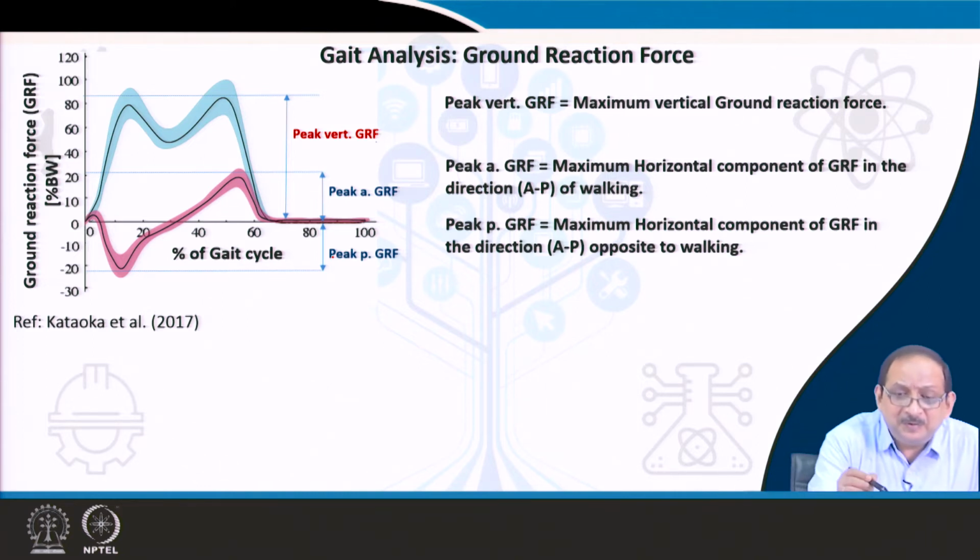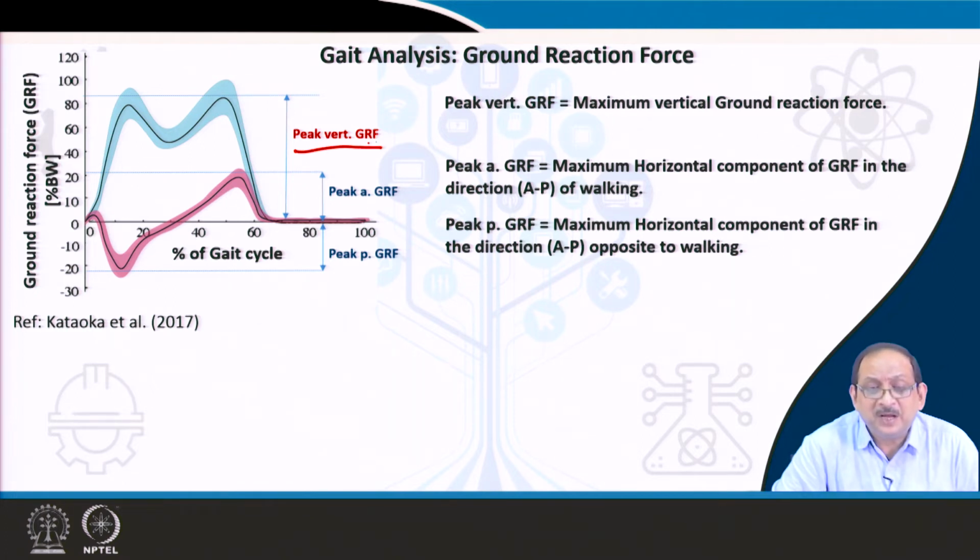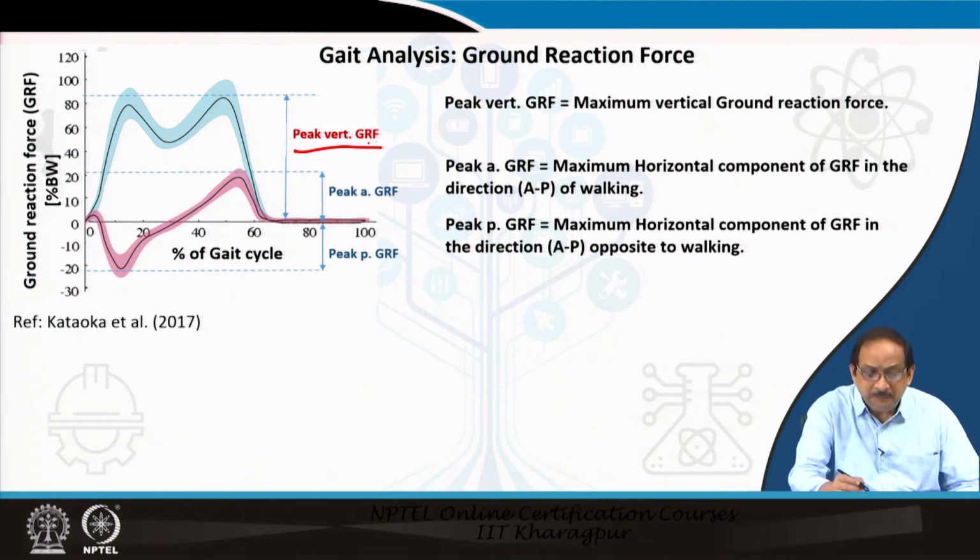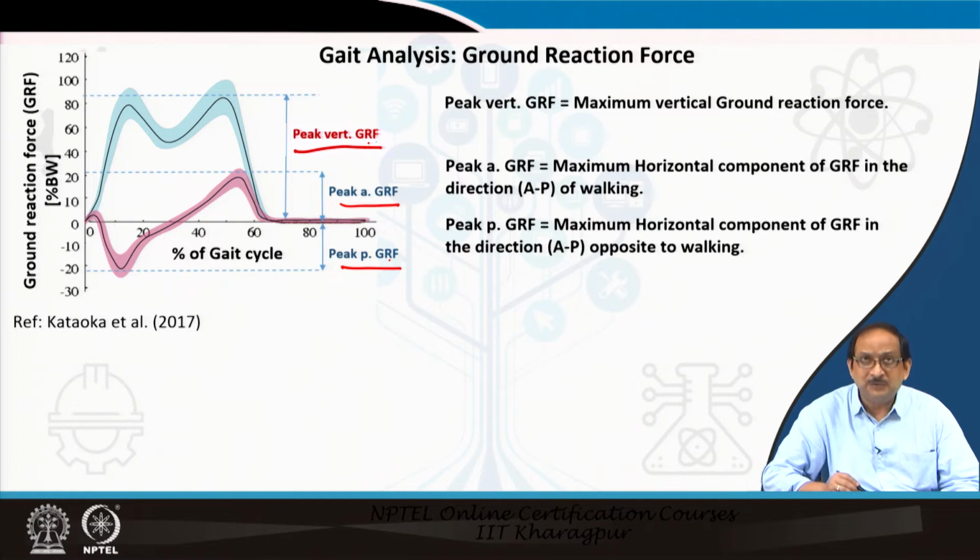In this graph, the peak magnitude of the vertical component of the ground reaction force is indicated. As you can see, the peak vertical component of the ground reaction force is predominantly high as compared to the peak values of the horizontal component of the ground reaction force along the anterior posterior direction.